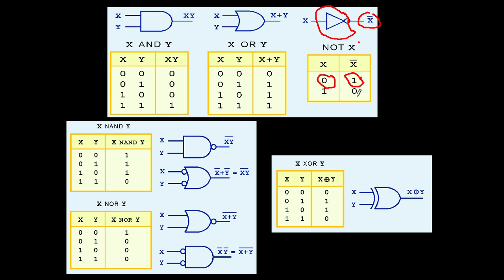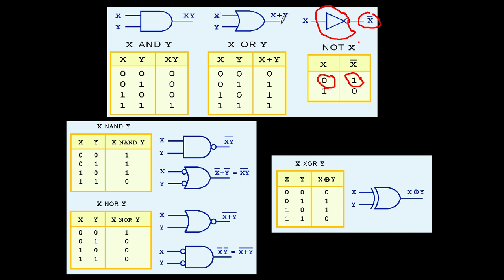And now I have the other case: the OR gate. What do we have for the OR gate? We have X or Y. This is the truth table, this is the logic diagram, and this is the Boolean expression.